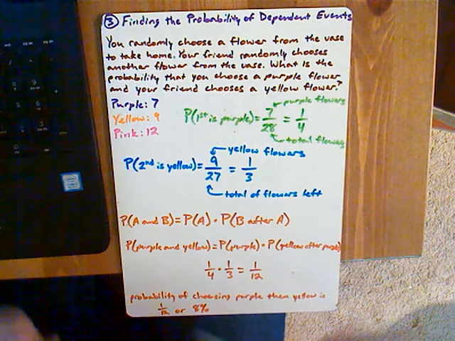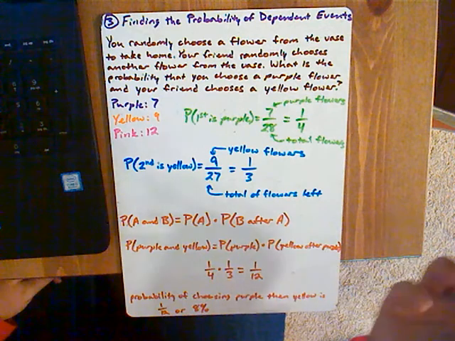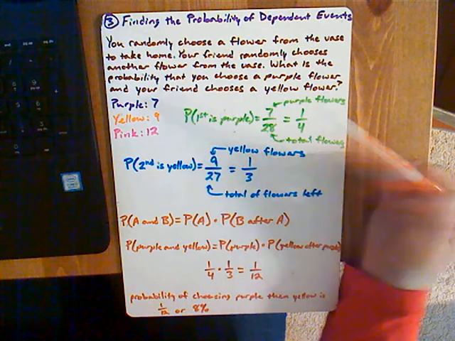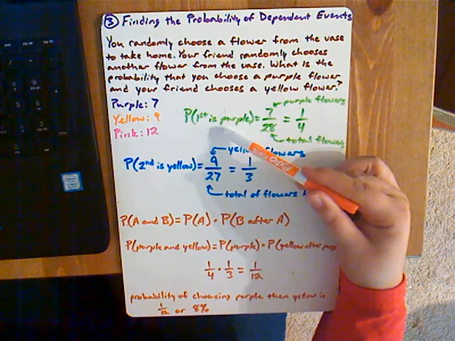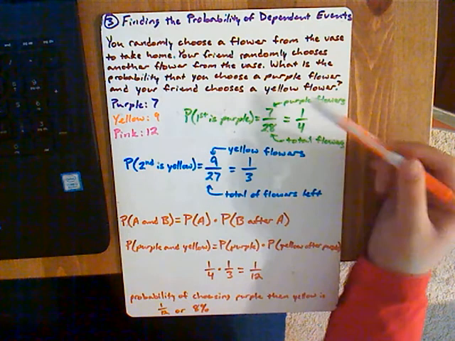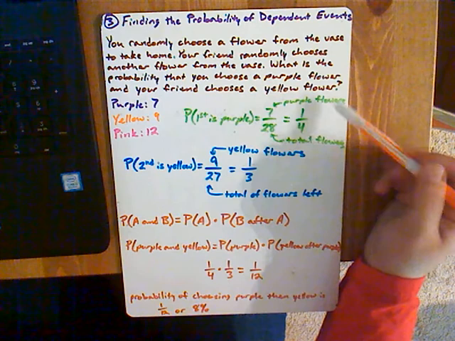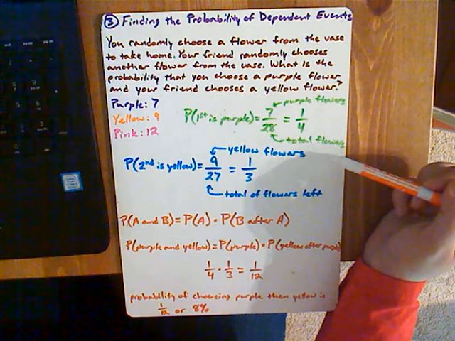First we're going to look at the probability of getting the purple flower. Our first event is the first flower chosen being purple, and that is going to be 7 over 28. 7 is the number of purple flowers, and 28 is the total number of flowers.